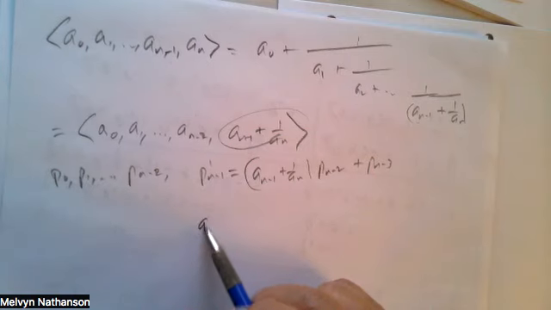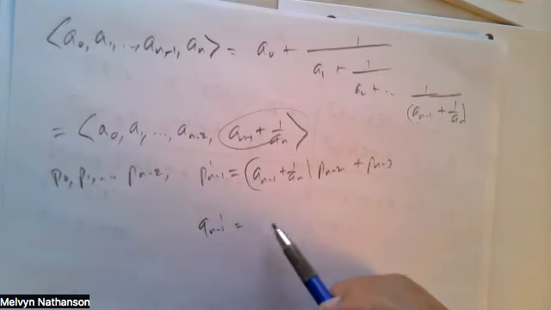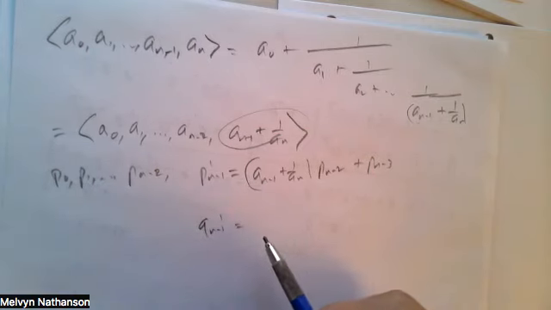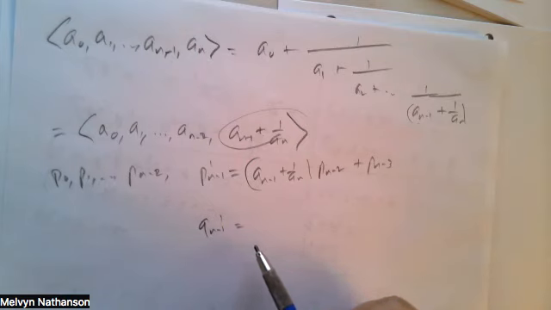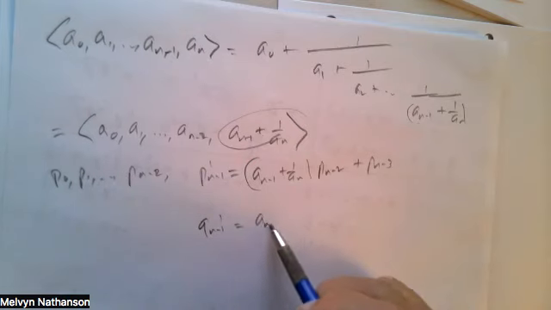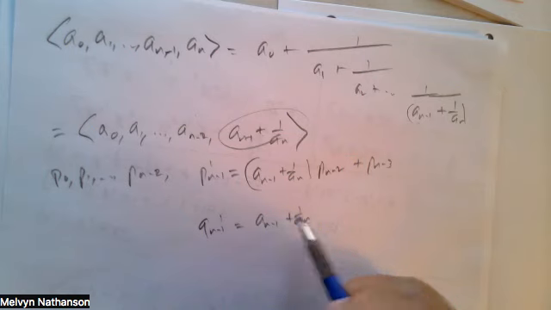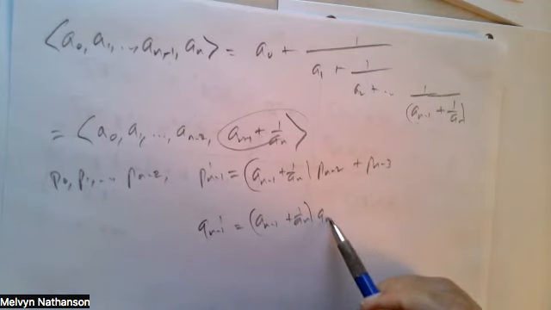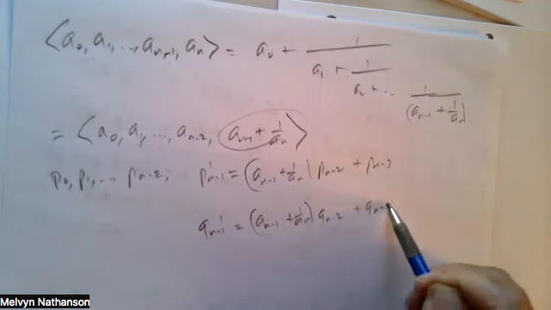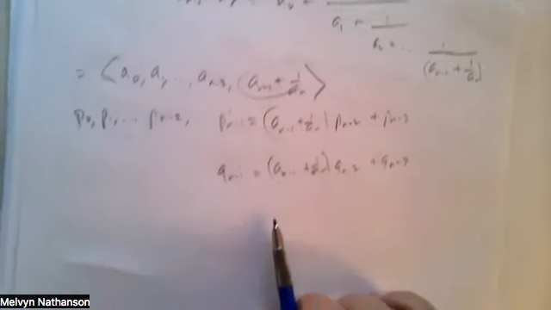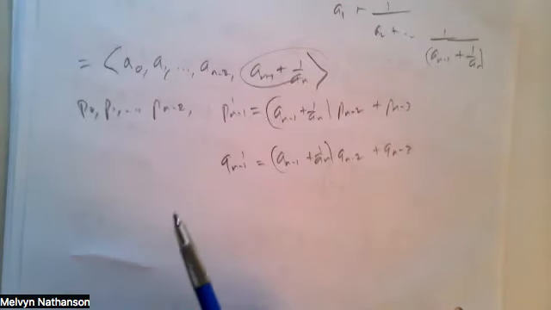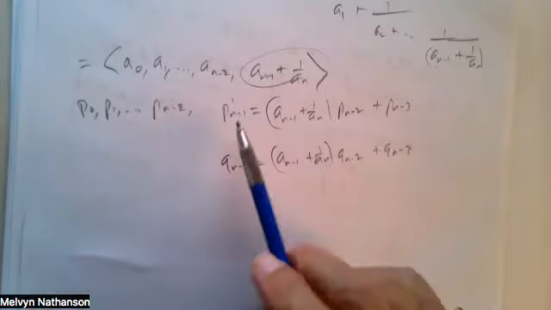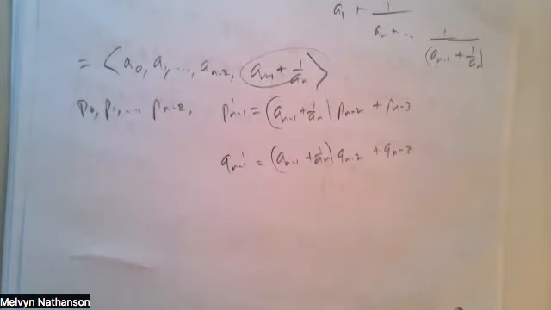And the new Qn minus 1 prime would be equal to AN minus 1 plus 1 over AN, Qn minus 2 plus Qn minus 3. Because we're assuming that this statement is correct when you go from 0 up to n minus 1.